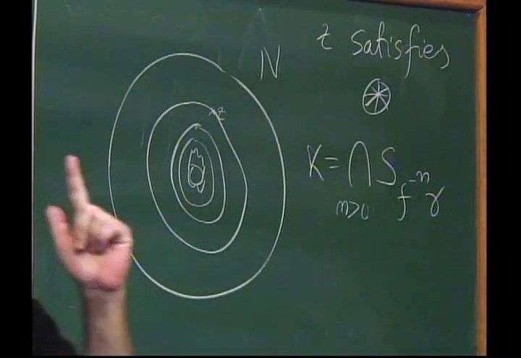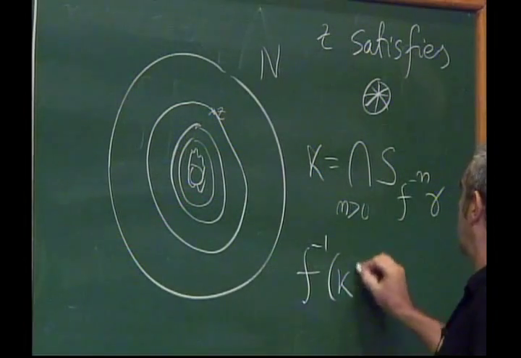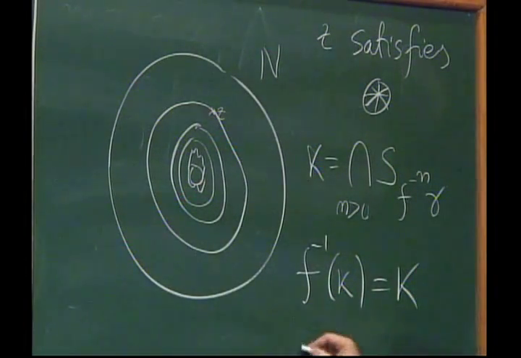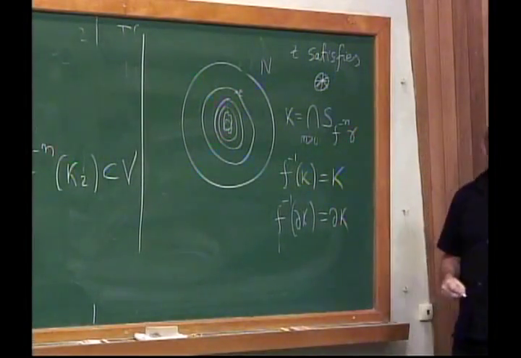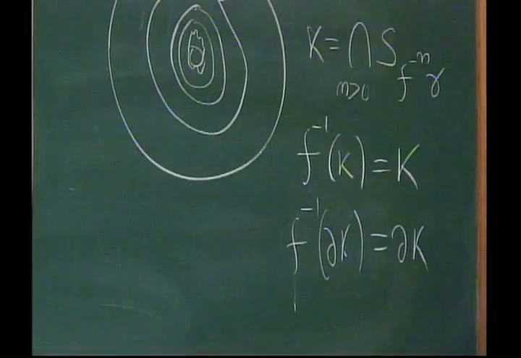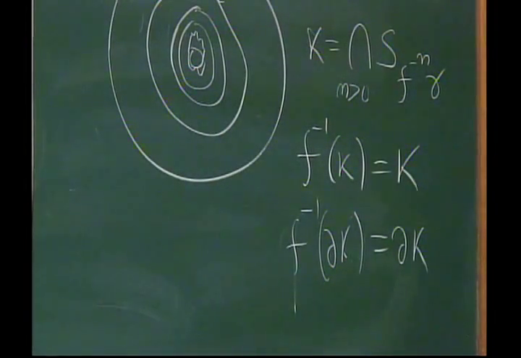It is completely invariant. It satisfies that the preimage of K is equal to K, and also the preimage of the boundary of K is equal to the boundary of K. I will show later that the restriction of F to the boundary of K is conjugate to Z to the power of D in S1.